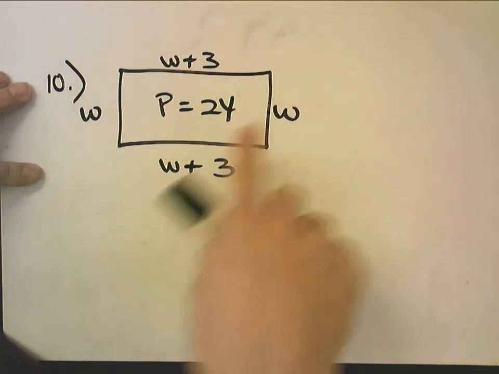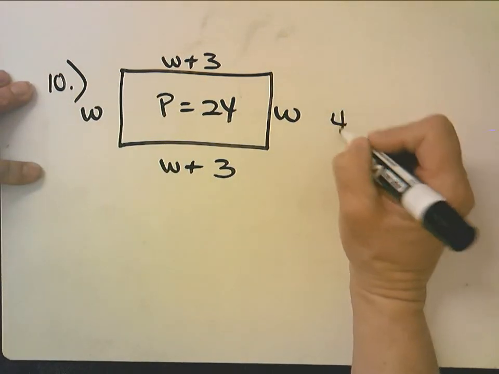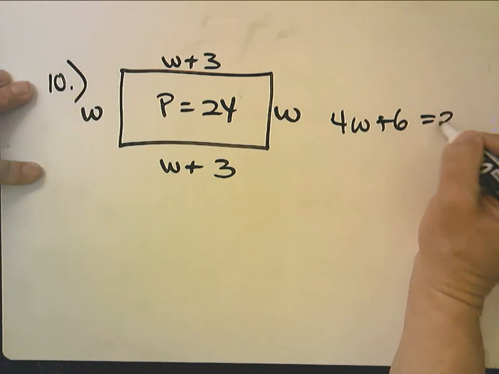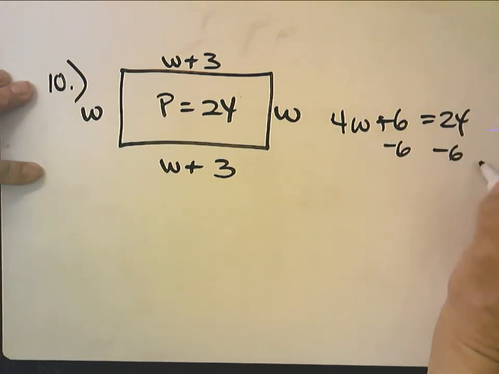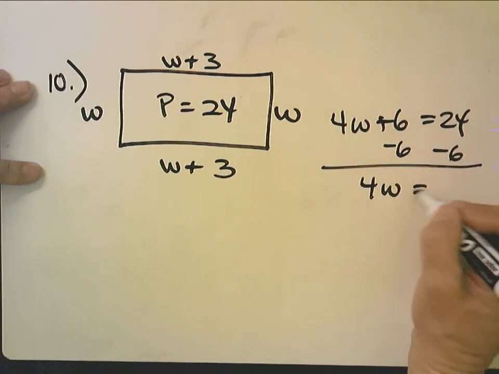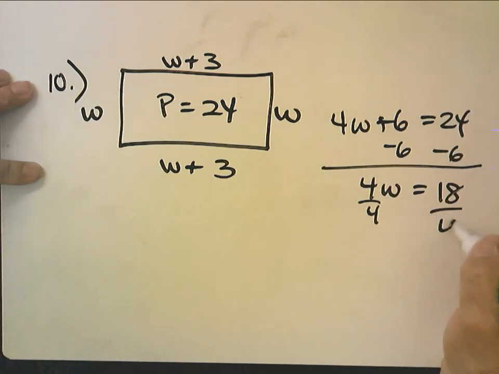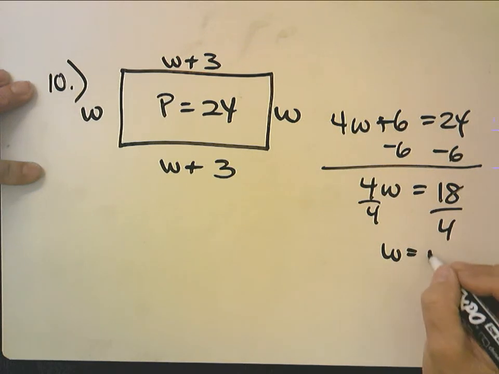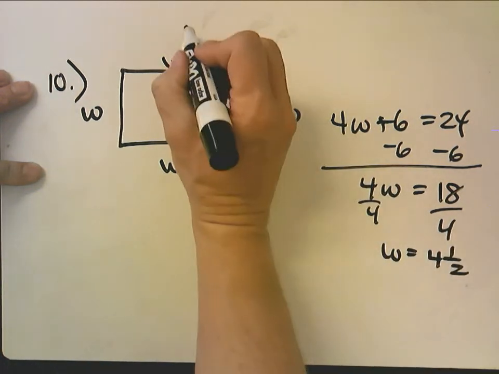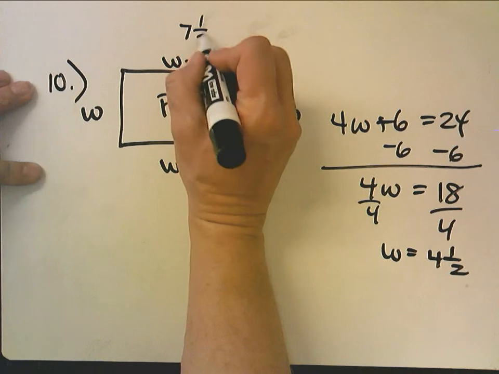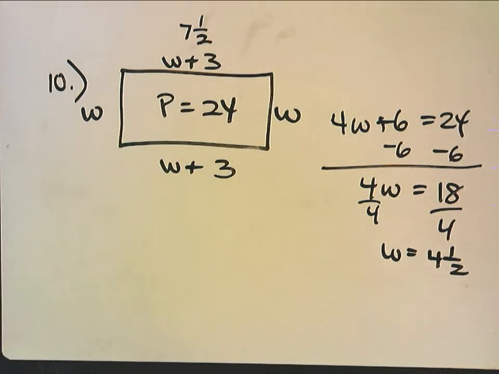So 1W, 2W, 3W, 4W plus 6 equals 24, minus 6, 4W equals 18, divide by 4, W equals 4.5, and that makes the length 7.5, because 4.5 plus 3 is 7.5.